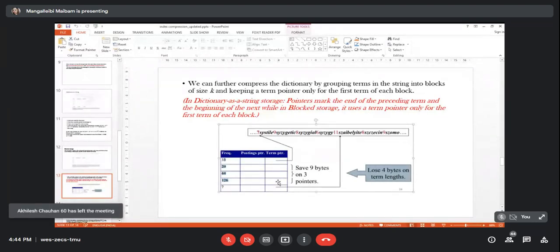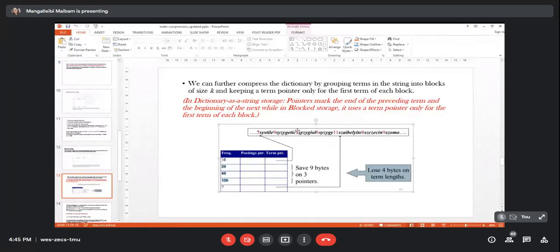Initially, for every term we are going to give the pointer, and every pointer requires about 3 bytes. So in a single dictionary as a string, 3, 3, 3, 3, there will be 12 bytes.